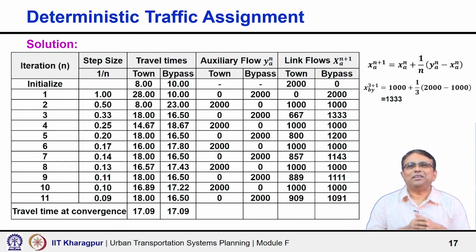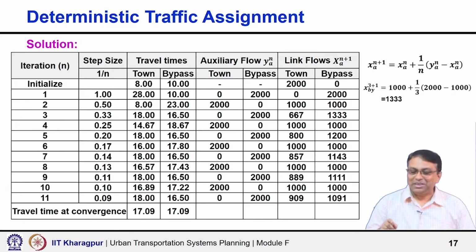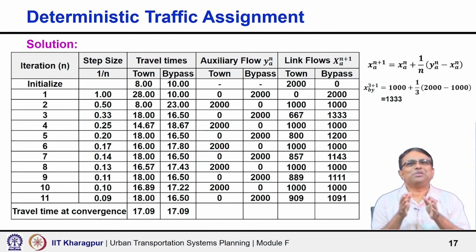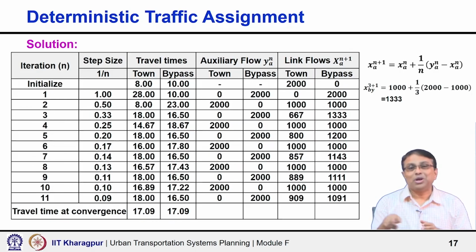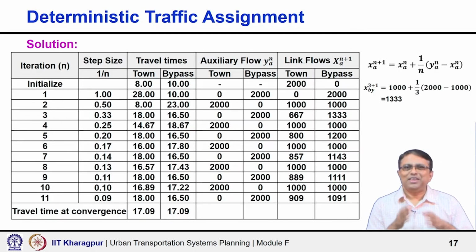So, if you use 1 by n as the multiplier rather than a fixed value, you make it a function of the number of iterations. As the number of iterations increases, the value becomes increasingly smaller. So, I know that my oscillation will reduce. Using 1 by n as a factor gives much better convergence. That is what is found, and that is why we have used it here.